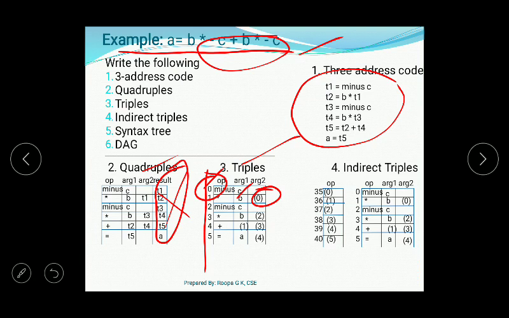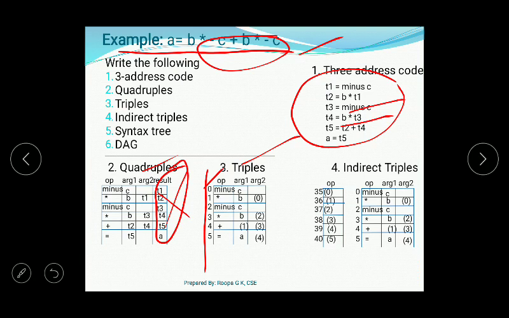These are the indexes 0, 1, 2, 3, etc. The indexes to store the result. Minus of C is stored in index 0. So, in the place of minus C, I wrote 0. That is the index. Similarly, next another minus C. Same thing. Index 2, minus and C. Minus is the operator. Argument 1 is C. Then star. B is first argument. Second argument is T3.